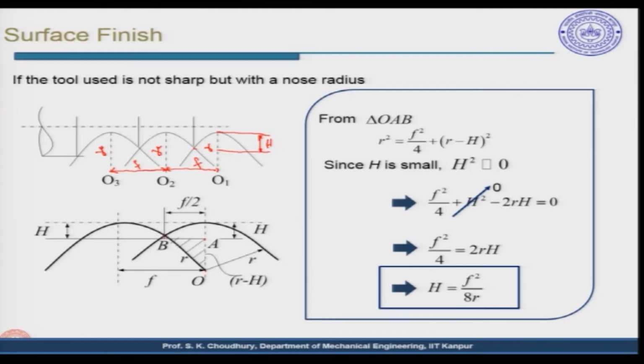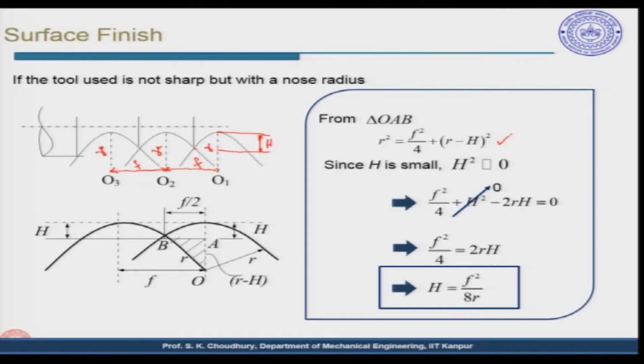So, r square is equal to f square by 4, because AB is f by 2 and AB square is f square by 4, plus OA square, and OA is r minus this, which is h. So, (r minus h) square.